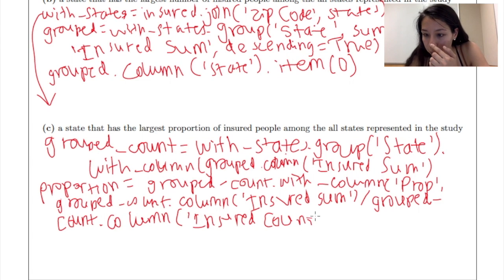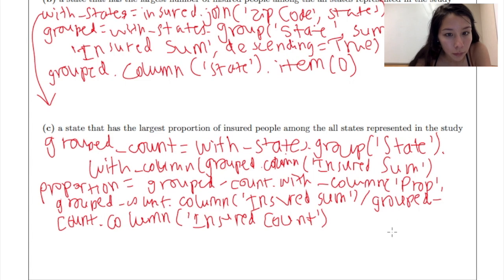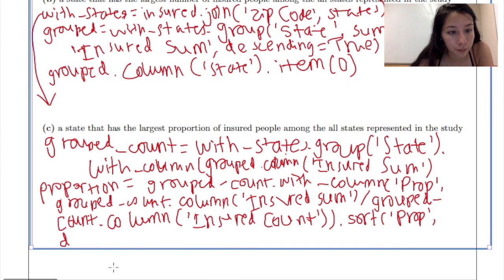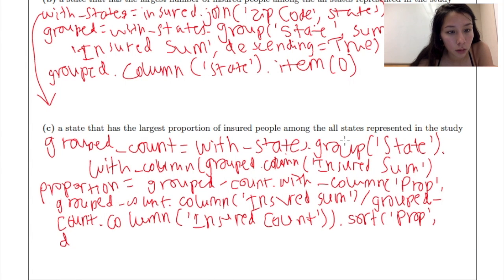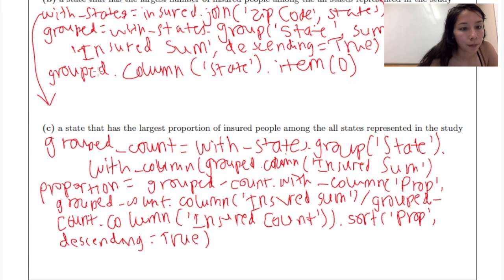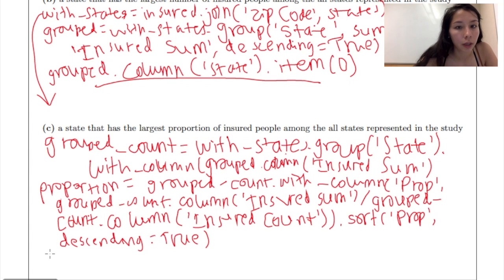Okay, and then we want to sort that because now we have the proportion where we want to be looking at the biggest proportion. So we want to sort that by prop, and we want to do descending equals true again. Okay, and now we want to be doing basically the same thing that we did up here, where we were finding the biggest proportion and then taking that state.